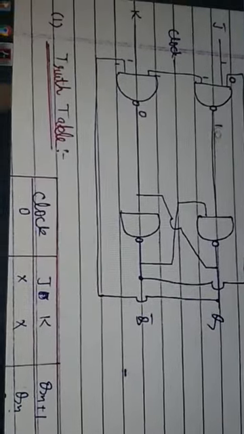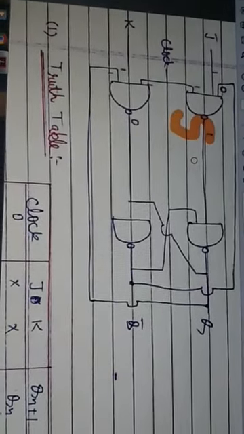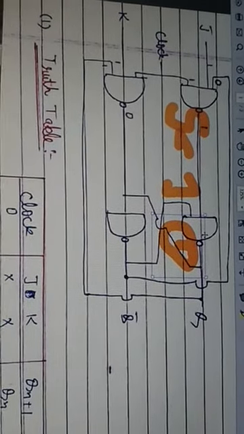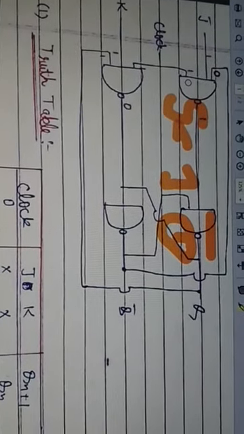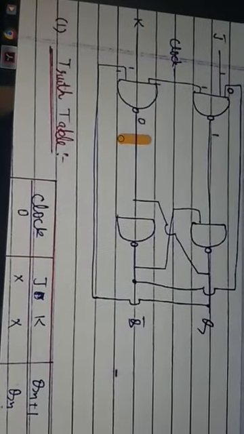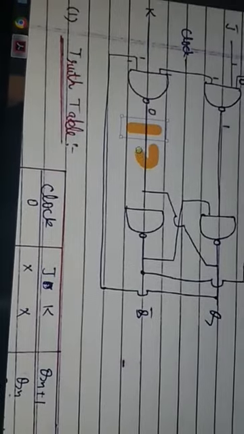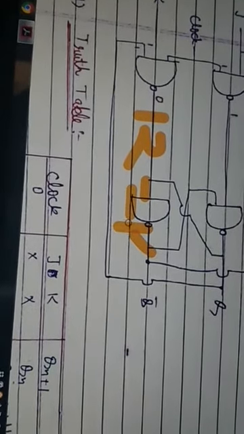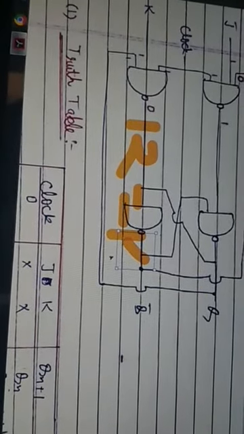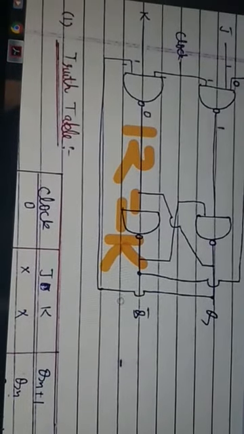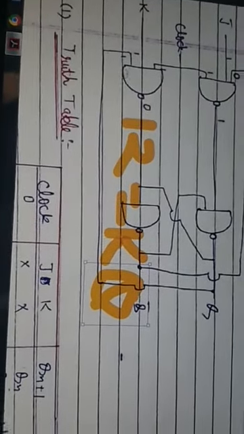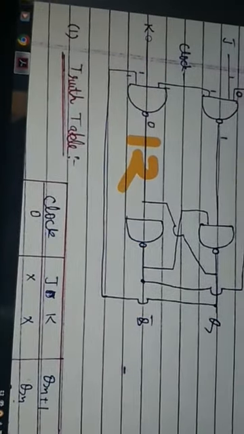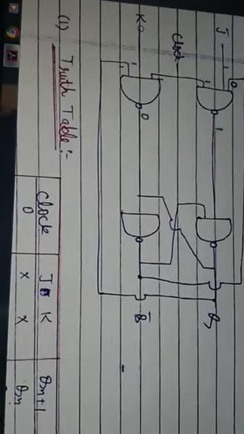So S equals J into Q bar, Q complement, and similarly R equals K into Q. So S equals J Q bar and R equals K Q.